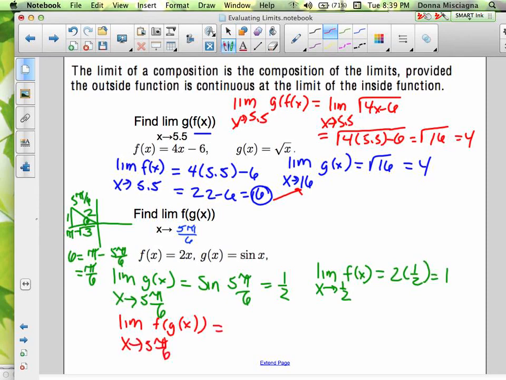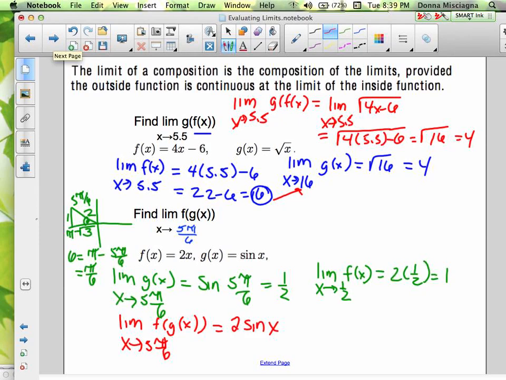That's going to be equal to 2, that's the outside. I don't really need the parentheses. So we have 2 sine x.